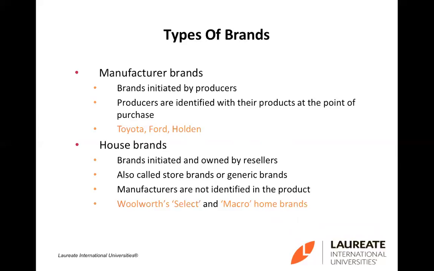And they would normally be supported by a research and development team, marketing team, and also marketing campaign. Whilst home brand or house brand or private label would normally be supported by strong store presence because it is their own brand. Okay, but they don't normally advertise and they normally compete in the industry that has high turnover.